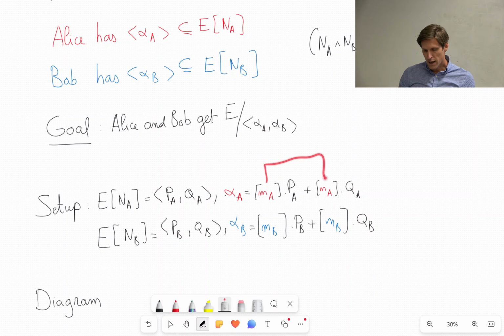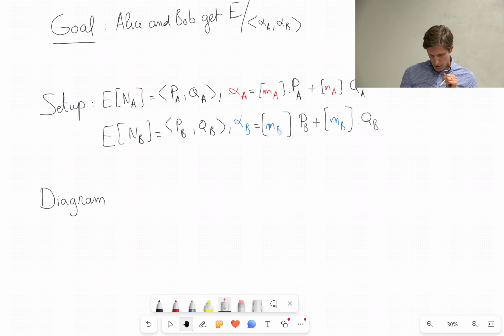So Alice is going to have those two numbers mod N_A, and then Bob is going to have those two numbers, okay? And somehow they need to play a game where, as they navigate this isogeny graph, in the end they converge towards the same curve, or at least two curves that are isomorphic.